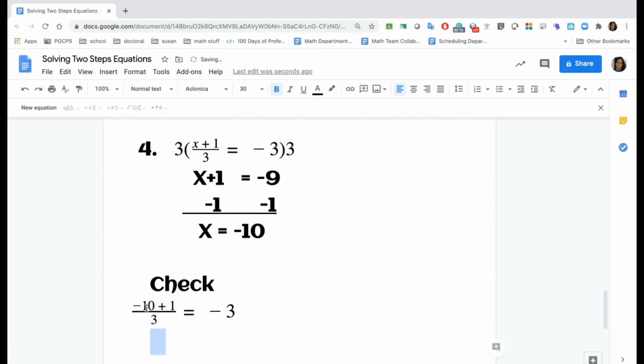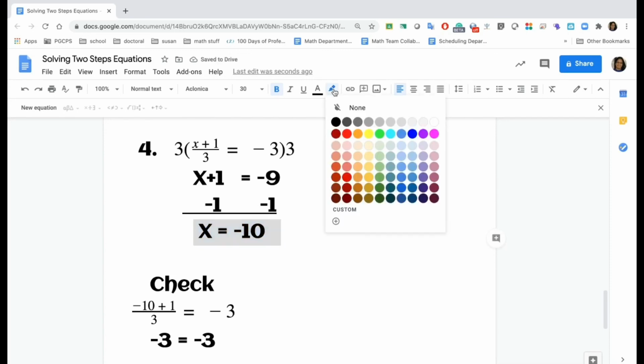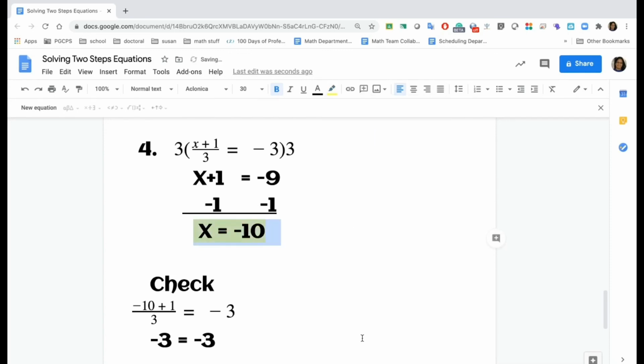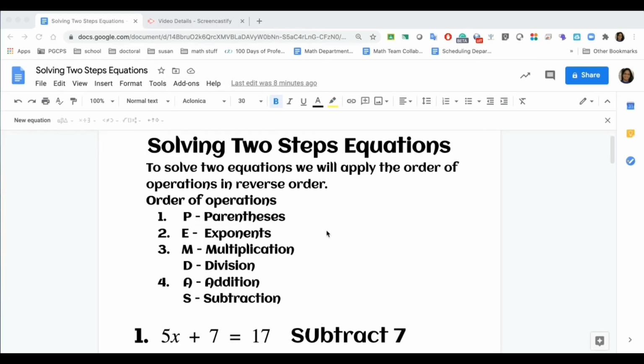Now, negative 10 plus 1 is negative 9, and negative 9 divided by 3 is negative 3. Therefore, negative 3 is equal to negative 3. The value of x is negative 10. And that's how you solve two-step equations by applying the order of operations in reverse order.